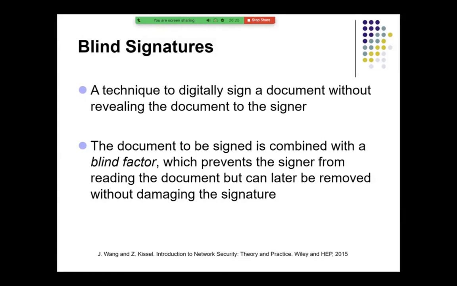Well, blind signatures are a technique that allows someone to sign something without seeing it. What that means here is that, let's say I have a document M, and I want a signer to sign M. That means putting his signature on it.